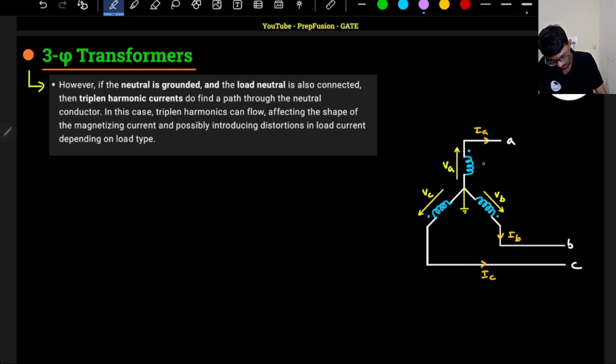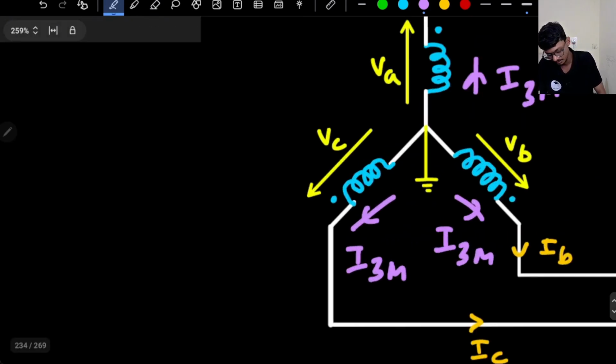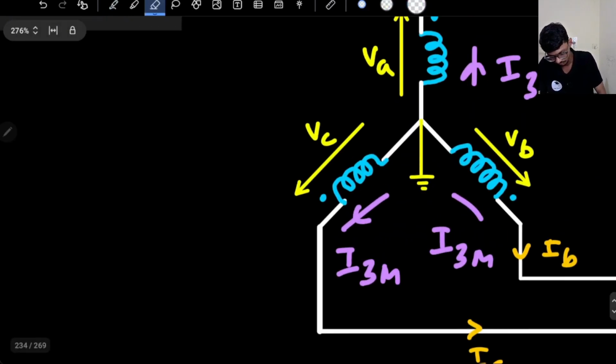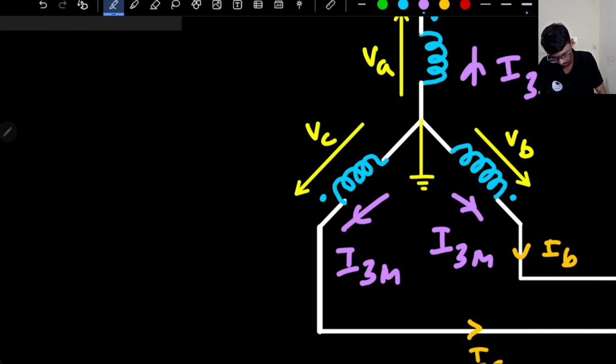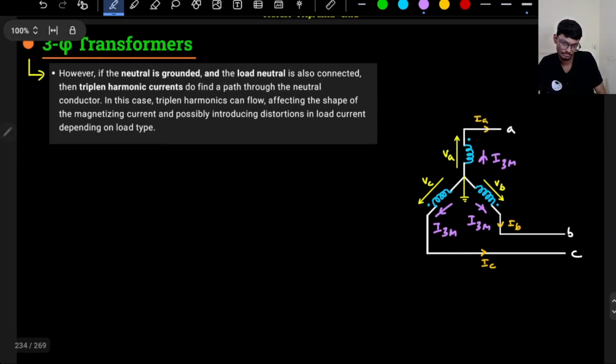Let me take a pen. Let's assume this is some current I3m. This is another current I3m. This is another current I3m.